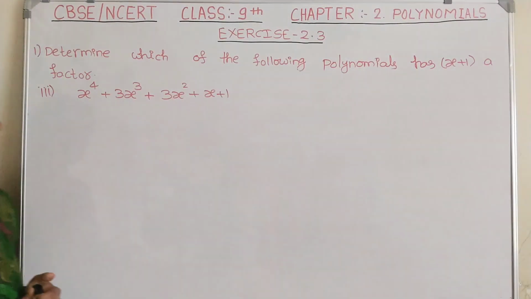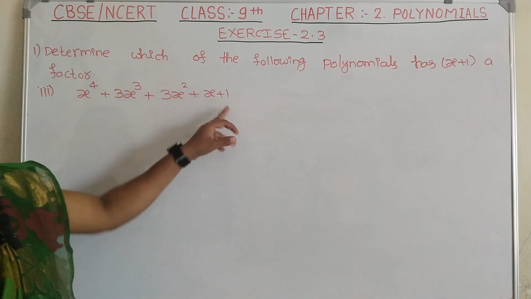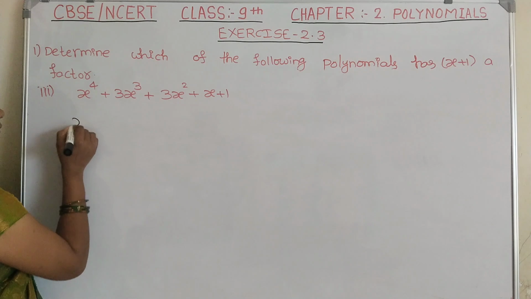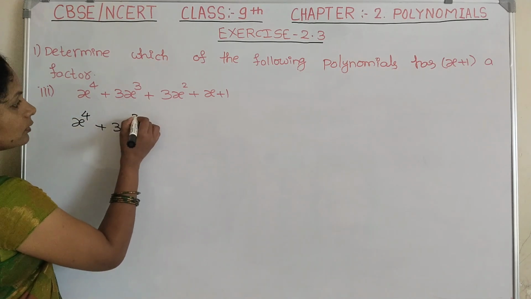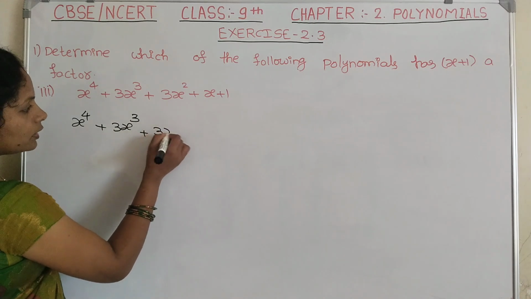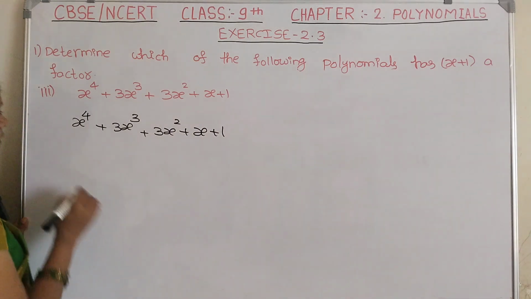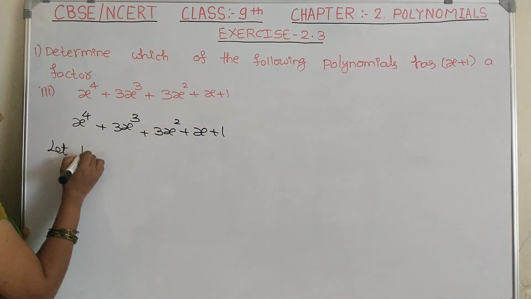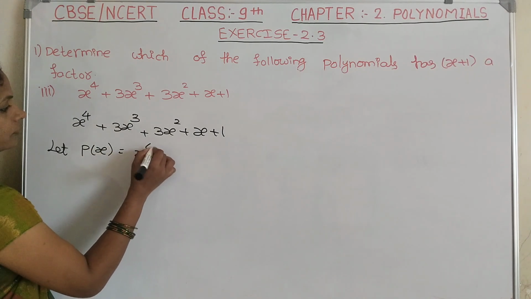The third bit is given as x to the power 4 plus 3x cube plus 3x square plus x plus 1. This is the given polynomial. Let p of x be x power 4 plus 3x cube plus 3x square plus x plus 1.